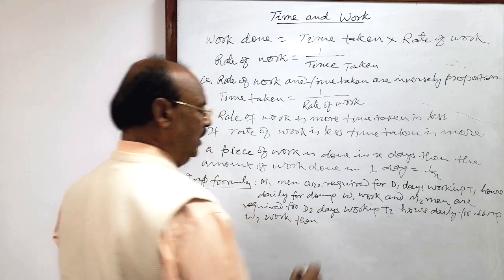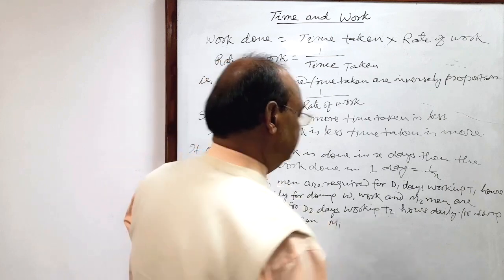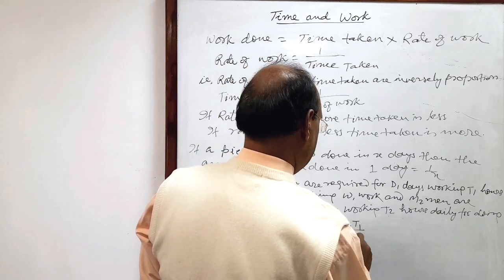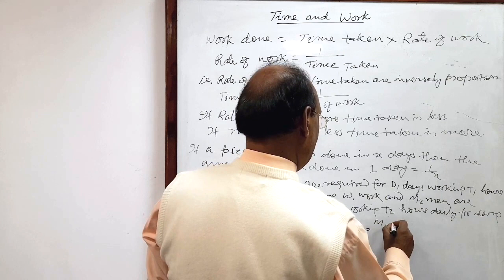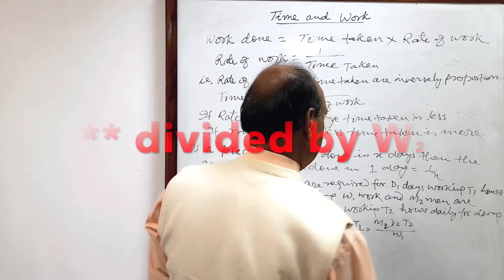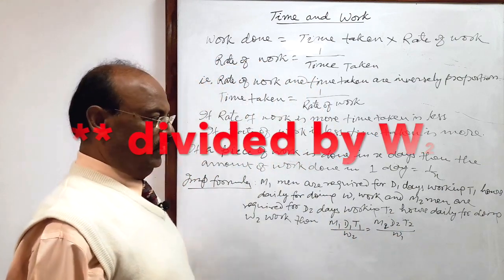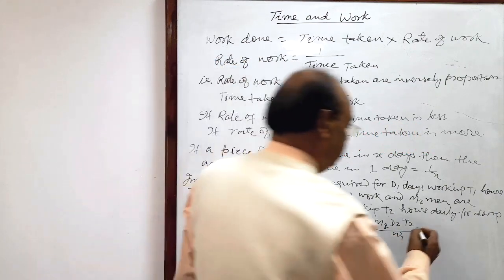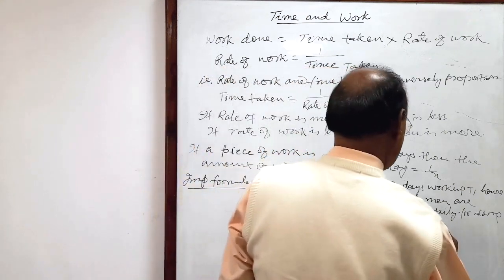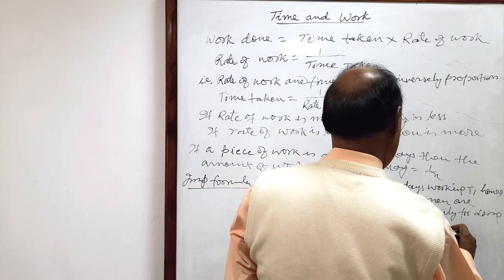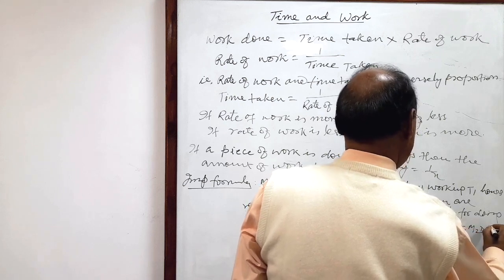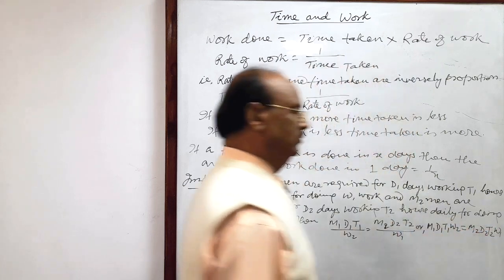Then the formula is M1 into D1 into T1 divided by W1 is equal to M2 into D2 into T2 divided by W2. Very useful formula. Or the same formula can be written by cross multiplication: M1 D1 T1 W2 is equal to M2 D2 T2 W1.